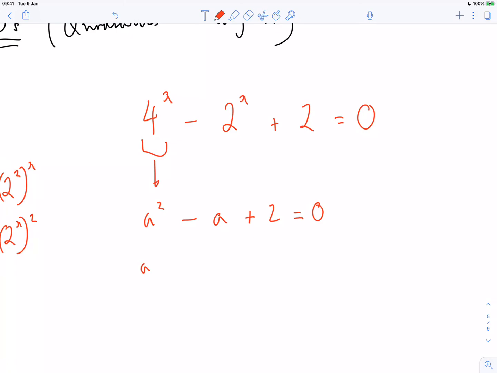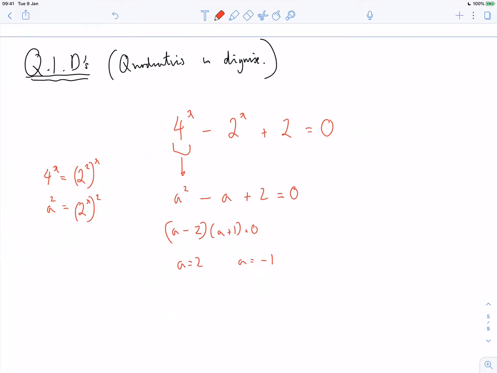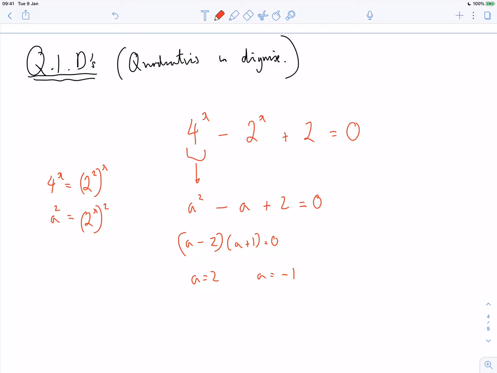And this is really easy. This is going to be a minus 2 times by a plus 1 to factorise. So a equals 2 or a equals minus 1. But we haven't actually solved it because a was 2 to the x. That means 2 to the x is 2, or 2 to the x equals negative 1. Well, you can't raise 2 to the power of a real number and it be negative 1, so that hasn't got a solution.